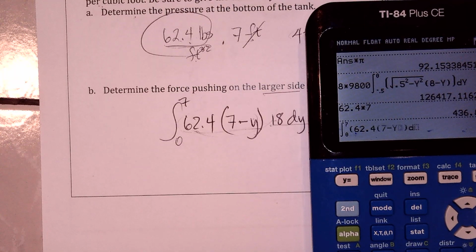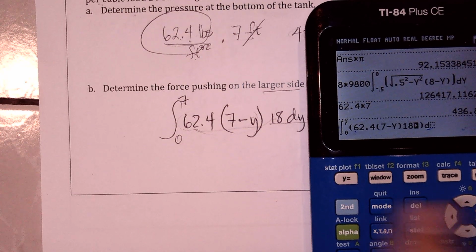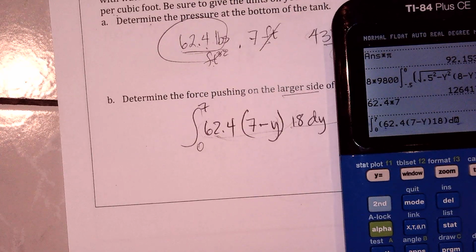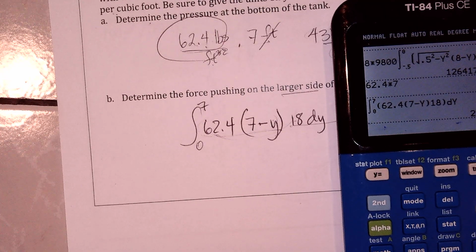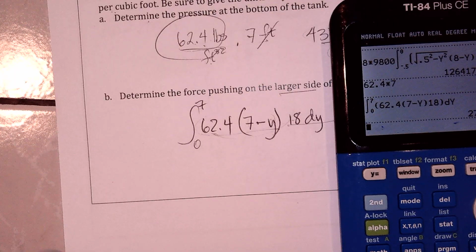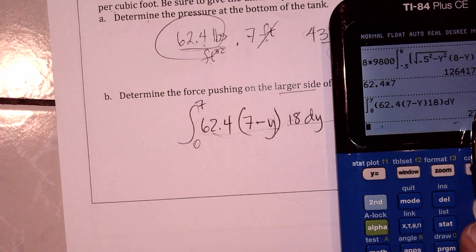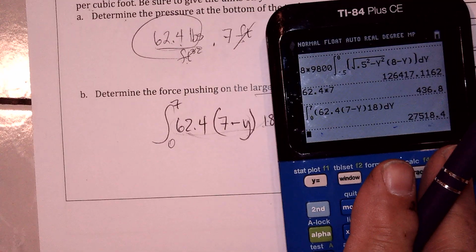If you want to do y, you could just do it all with x's. And 18 dy. And it's pushing with 27,518 pounds of force.